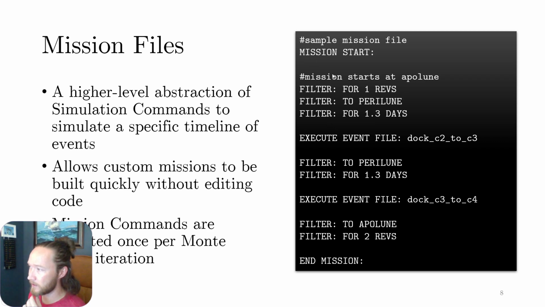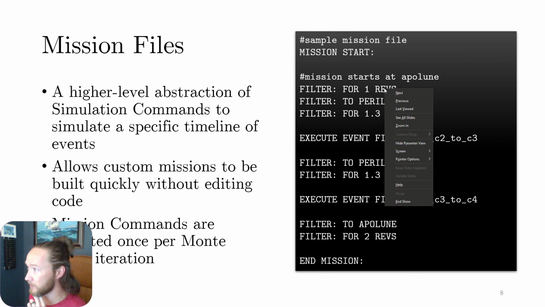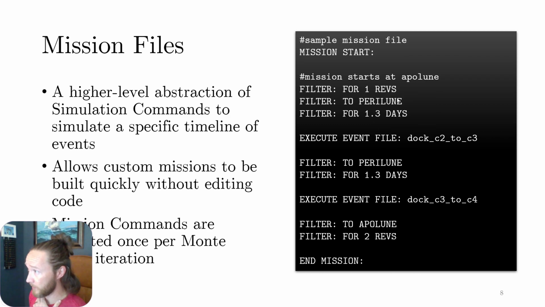So this is an example mission here that starts at the Apolune, filters for one full NRHO revolution, then goes to Perilune, then goes for 1.3 days, and then executes an event file that has this definition of this docking event, where it contains the perturbation and then the configuration files that you are changing to.